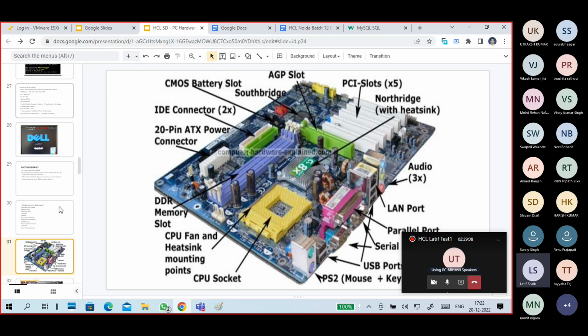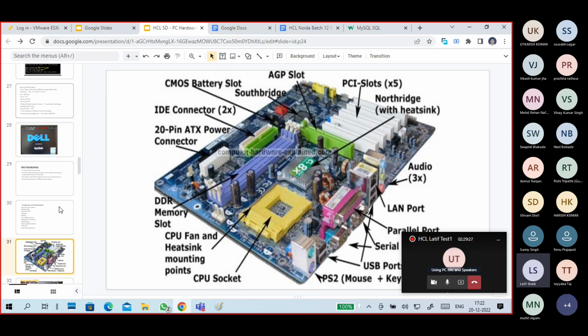You can see the yellow one is the CPU socket, and next to it there is a heatsink, which is the north bridge. The green one is the AGP slot, and next there are white bars, which are PCI slots.